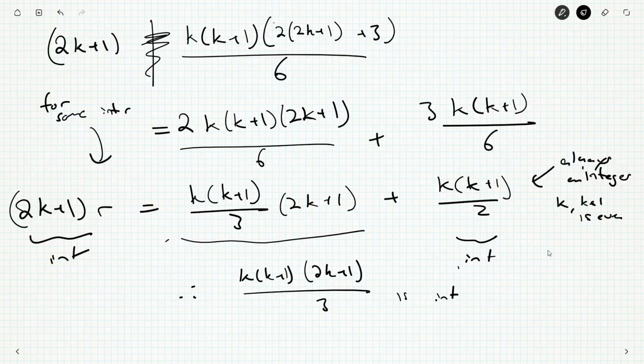Yeah, in fact, it's always a multiple of 2, I think. Because this is the sum of squares formula. k times k plus 1 times 2k plus 1 all over 6 is the sum of the first k squares. So that's nice and neat. So that's always an integer.